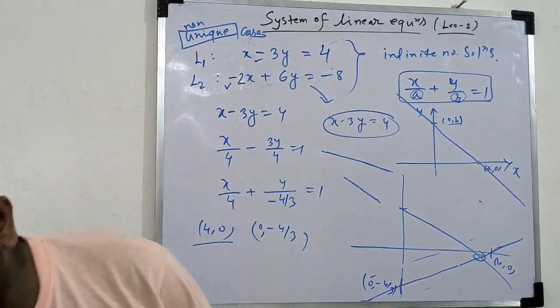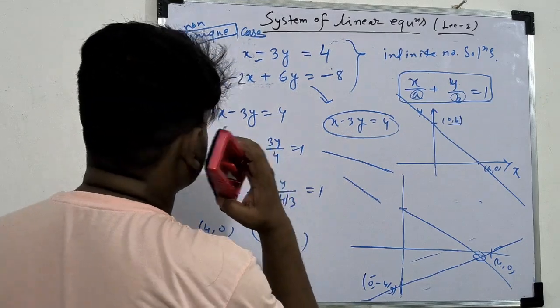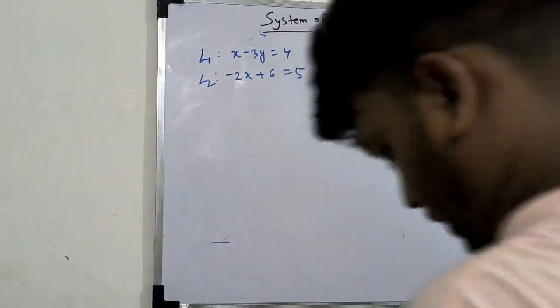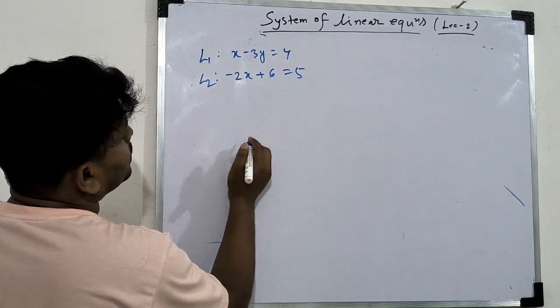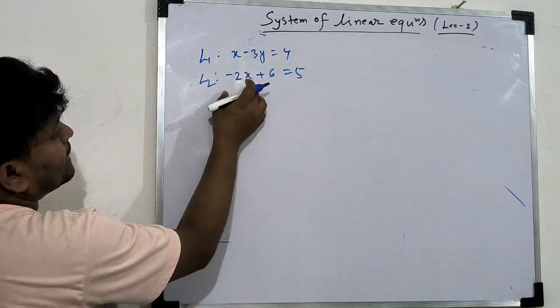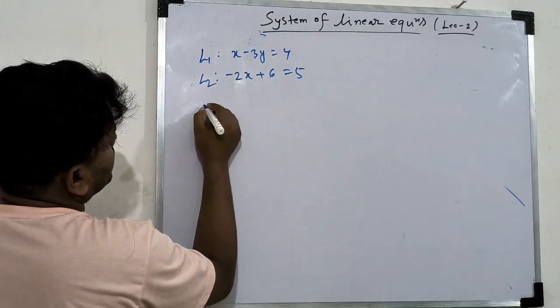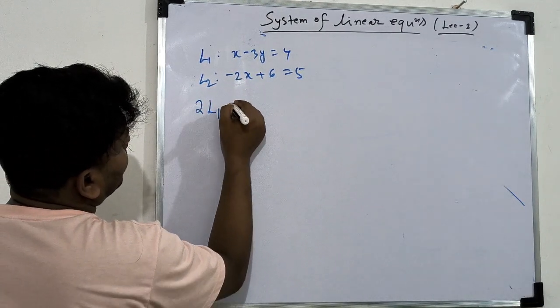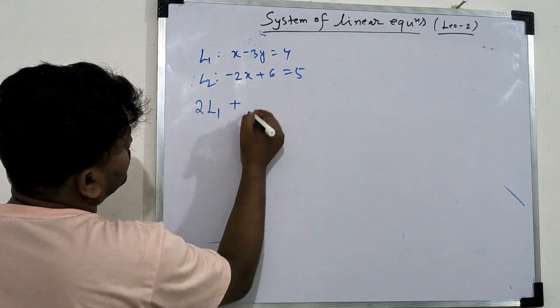So let us take another example in which no solution exists. If we take this system of two linear equations, and if we eliminate x from these two equations, we multiply 2 into L1 and add with L2.